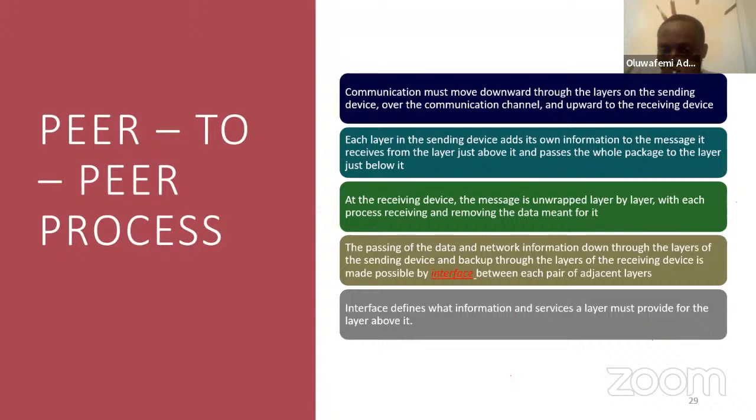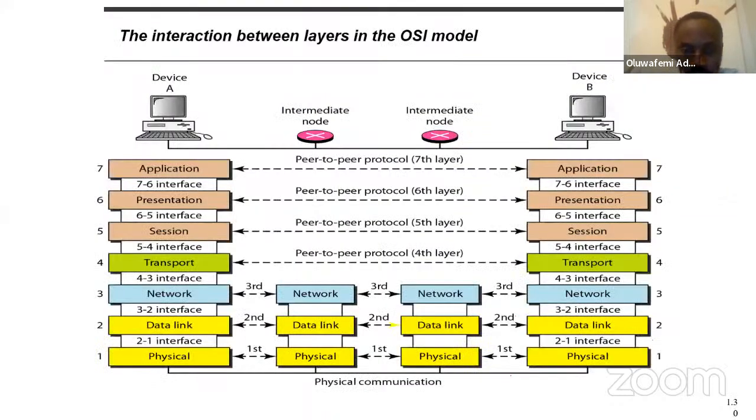The interface defines what information and services a layer must provide for the layer above it. Now, this is what this means, right? Application layer sends the data, presentation, session, transport, network, right? Physical is communicating to physical. Do you understand?